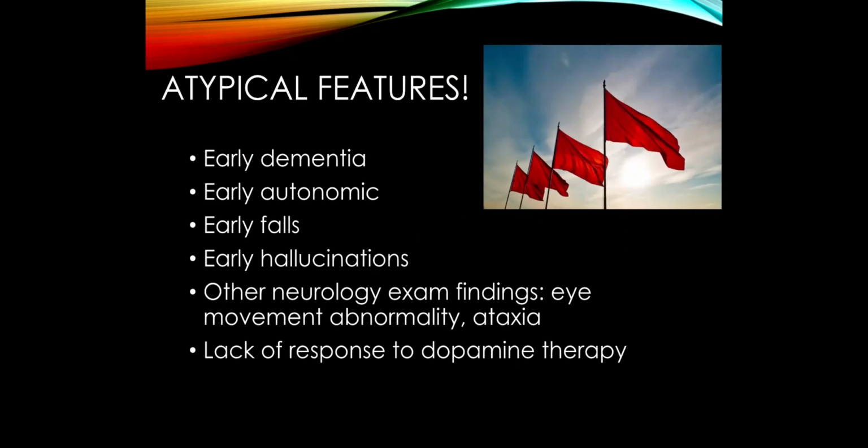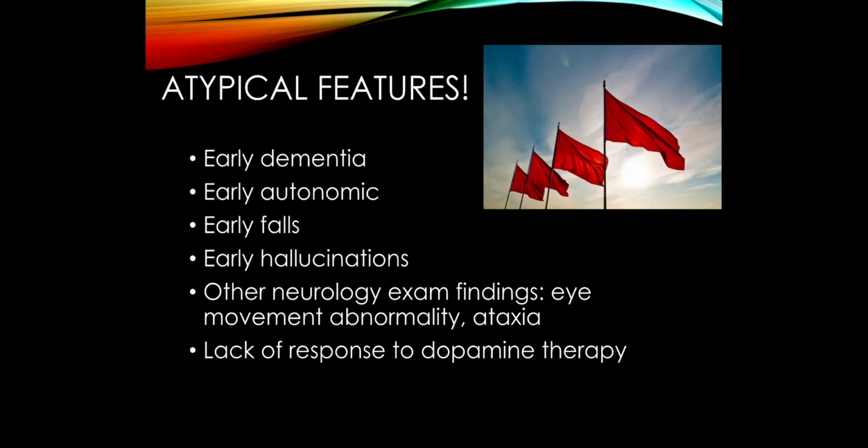So if you're seeing someone who sort of looks like they have Parkinson's disease, look for these as kind of red flag symptoms that should suggest to you an alternative diagnosis. If they have early dementia, okay, maybe at onset with the tremor, they also have dementia, that should suggest something else. I'll tell you later what that something else is.